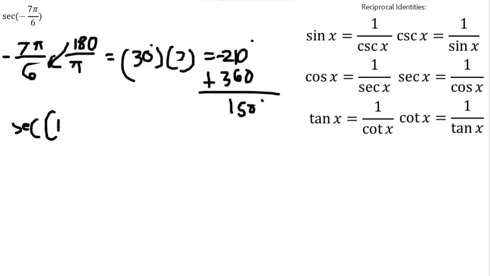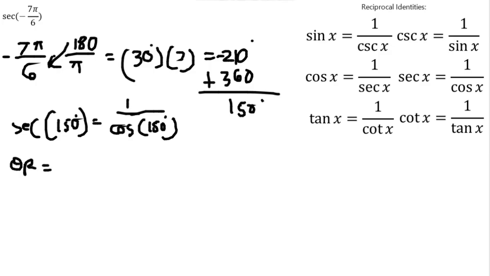Okay, now we got secant of 150 degrees and we're going to find its reciprocal. That's going to be 1 over cosine of 150 degrees. The reference angle of this is 30 degrees. So what is cosine 30?